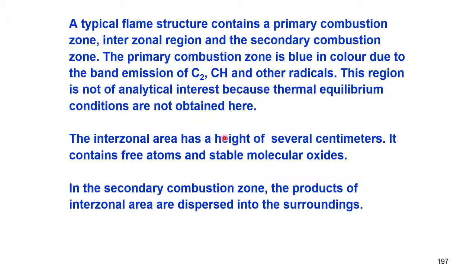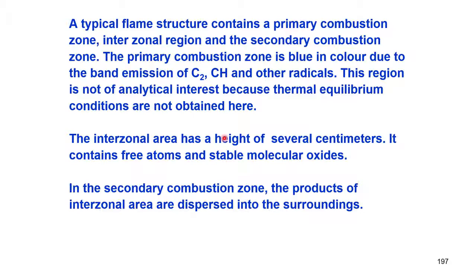The interzonal area has a height of several centimeters. It may extend from 1 to 3 centimeters depending upon the flow, of course. If the flow is very fast, the interzonal area will extend several centimeters, and if it is low, it can vary from 1 to 3 centimeters.